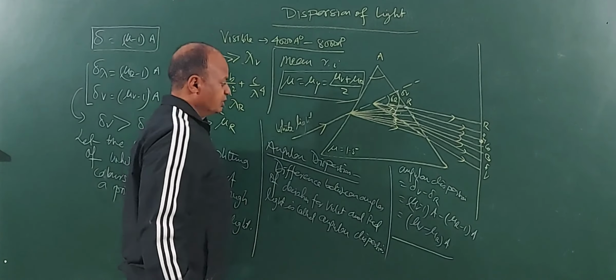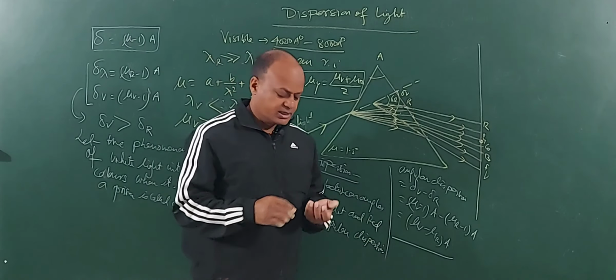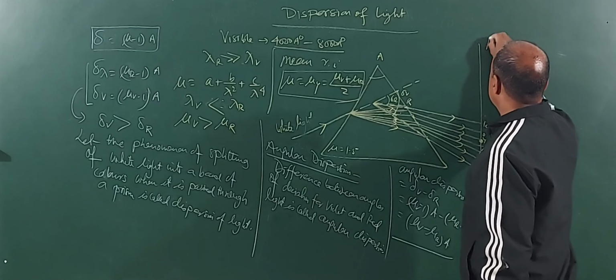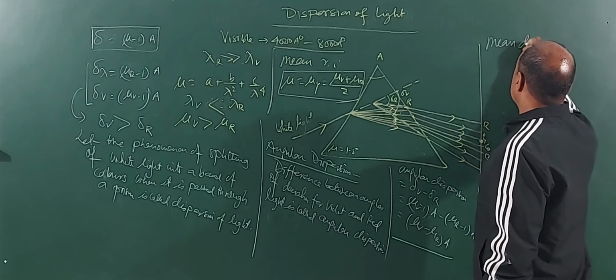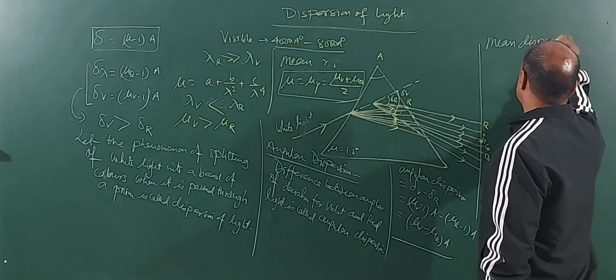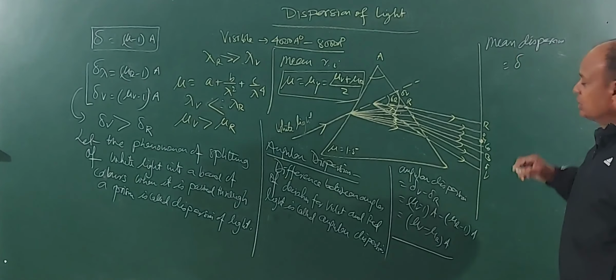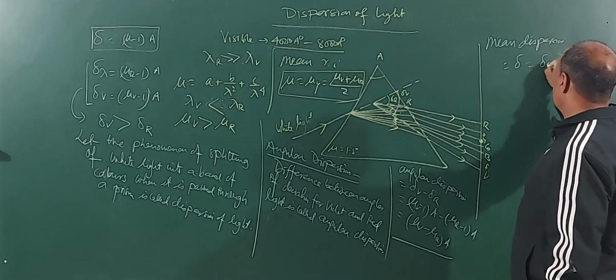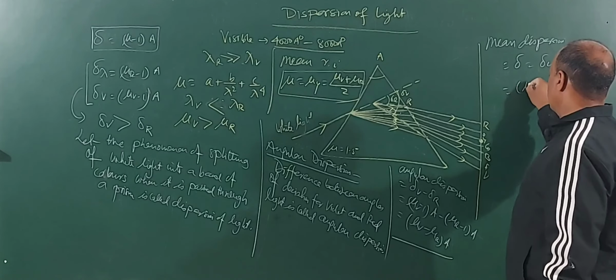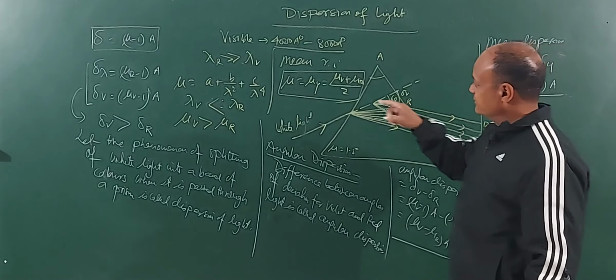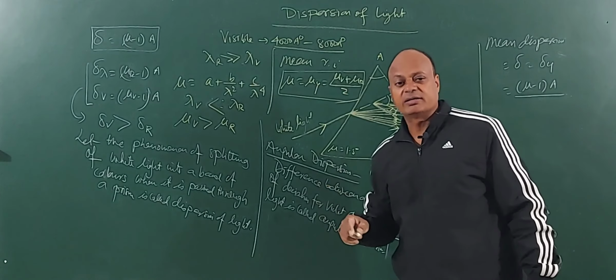We said what is angular dispersion, and then we have mean deviation. Mean deviation will be the same as angle of deviation for yellow light, and its value will be (mu minus 1) into A, where mu here is mu for yellow.